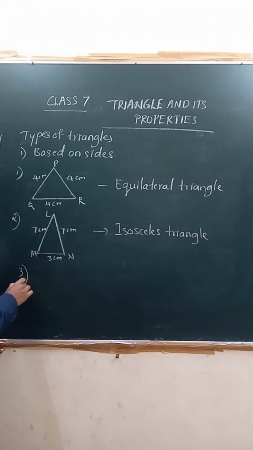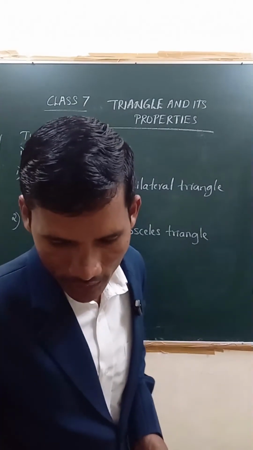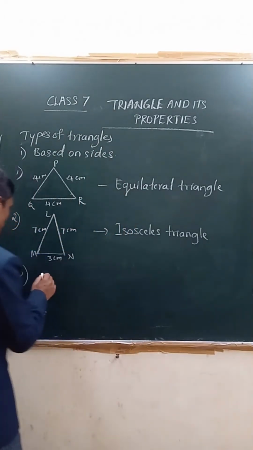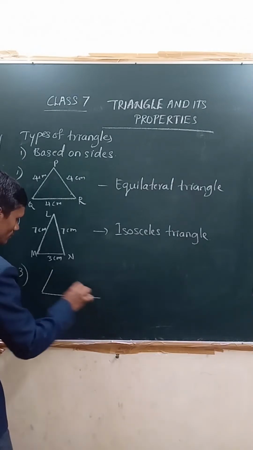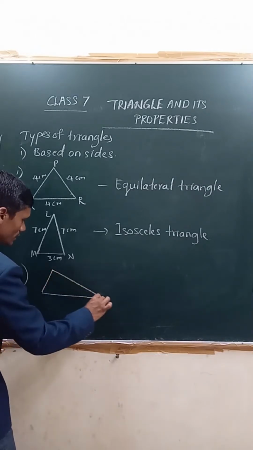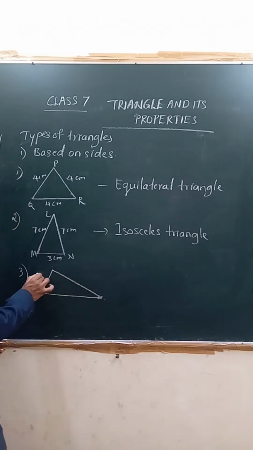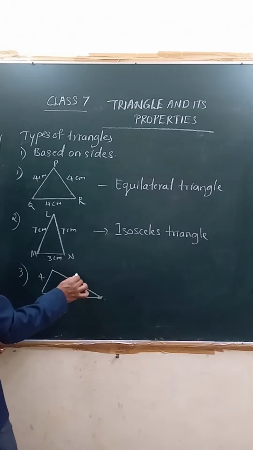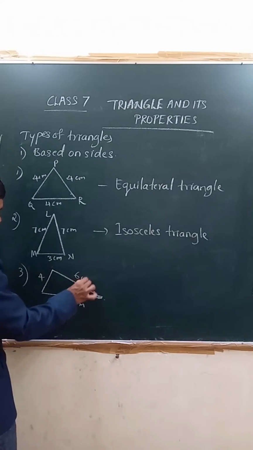Next, coming to the third type. In the third type, you can easily guess what type of triangle it is. Here, I'll show you. Now you can see each side, if it is 4, if it is 6, this will be 8 or 7, 8 centimeter you take, right?